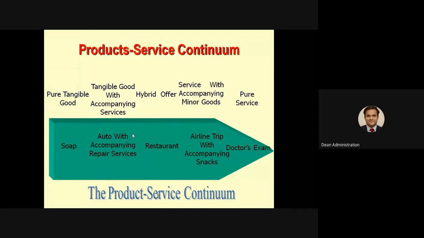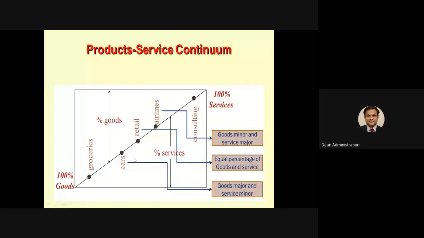So continuum means this product service phenomenon has an overlap, and it continues from the left end to the right end. So you'll have all those different ranges in between. There's 0% service on the left and 0% product on the right, and everything in between there's a ratio. So it's continuous. Okay.